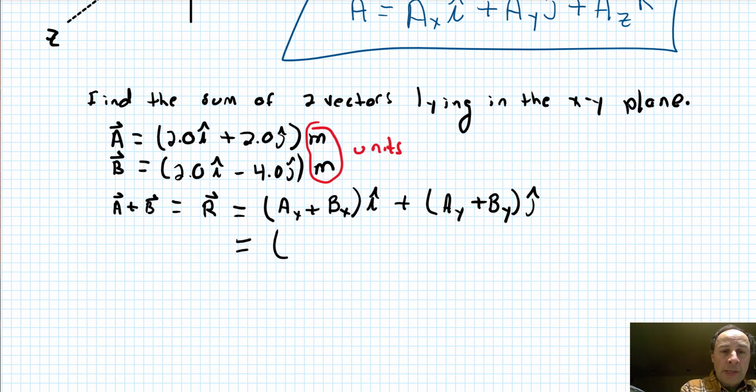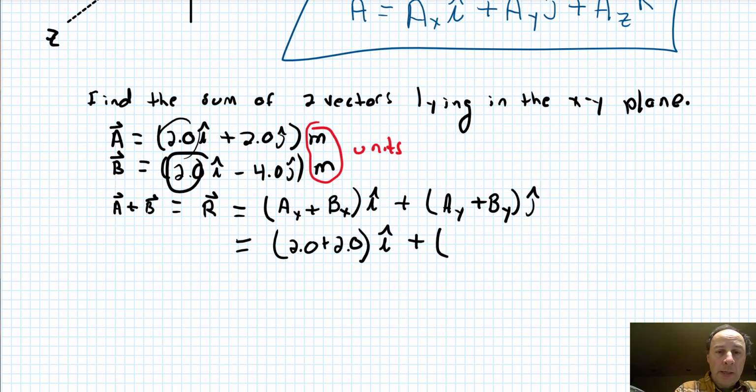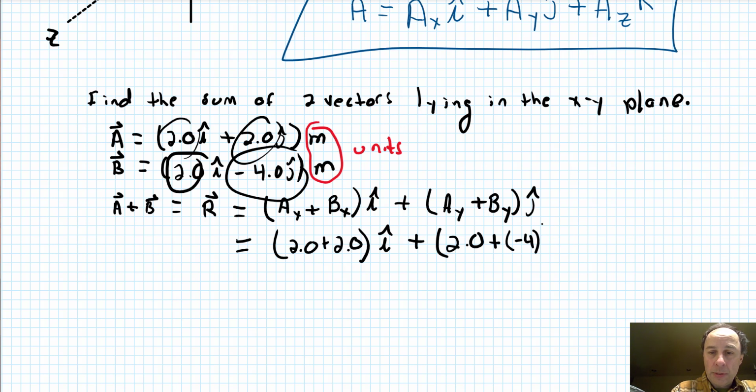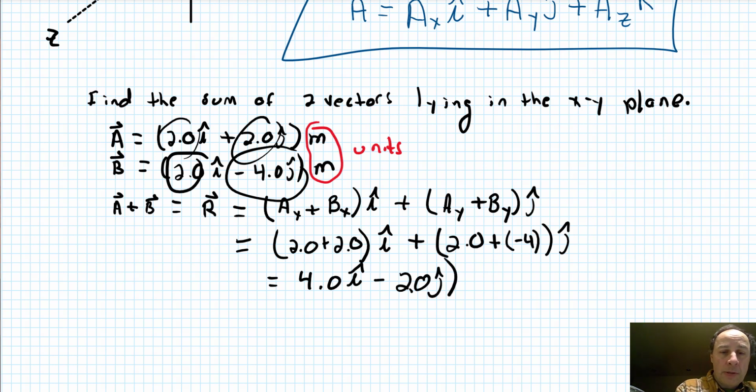So let's put the numbers in. Ax is 2. Bx is 2. And that's in the i hat direction. Ay is 2. By is minus 4. So this is plus or minus 4 in the j hat direction. So this ends up being 4.0 i hat minus 2.0 j hat, again all in meters, bringing our units down.